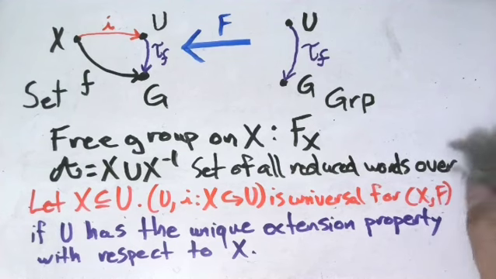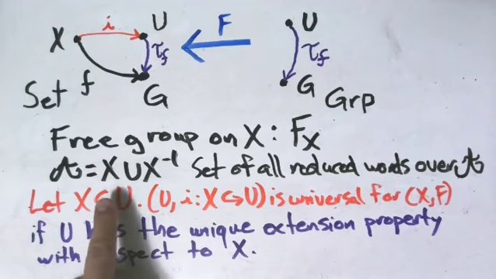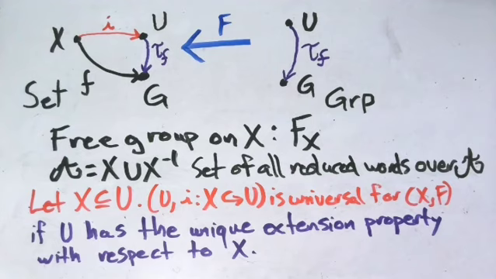over A actually defines a group, and that group has the unique extension property with respect to X. So if we take every element x as a letter in the alphabet, every inverse of x as a letter in the alphabet, and then we can do certain rules such as applying an element next to its inverse to reduce words from more complex, longer words to shorter words.